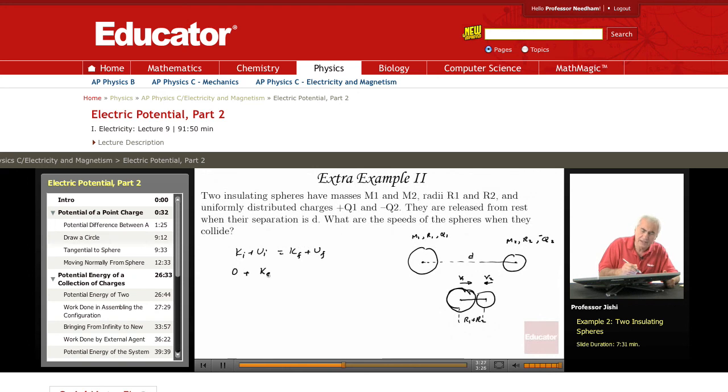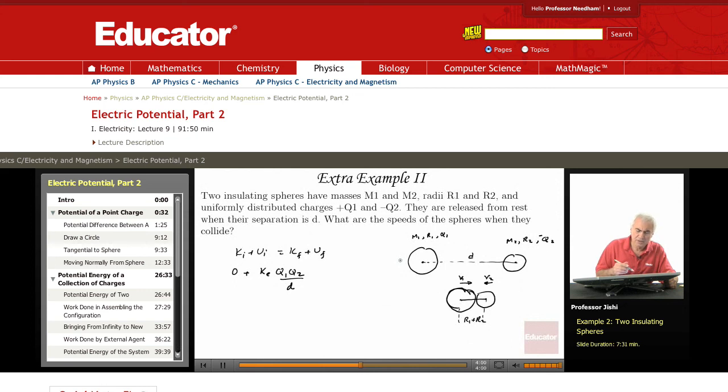It's Ke, the constant 1 over 4 pi epsilon 0, times Q1 times Q2 divided by the distance between them, which is d, the distance between the centers. It's just like two point charges. If I have two point charges, Q1 and Q2, what's the potential energy? K Q1 Q2 over R. R here, of course, is just the distance between the spheres, d. This is the initial energy.